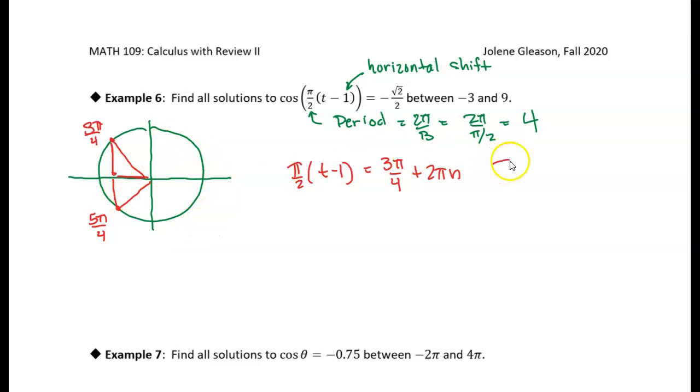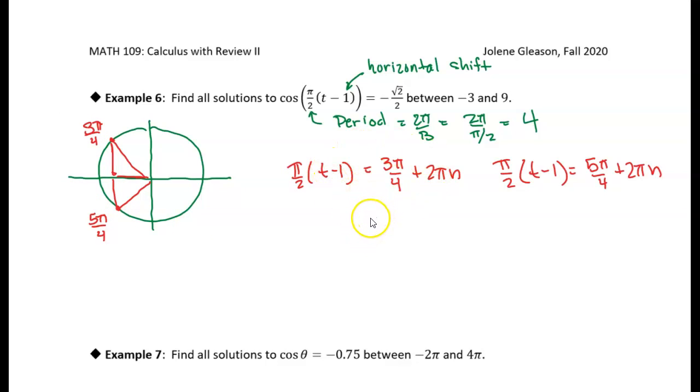Or we have the other case where pi over 2 times t minus 1 is equal to 5 pi over 4 plus 2 pi n. That essentially gives us all of the solutions, but we have to do a little bit of algebra to actually figure out what t is. The values we get from the unit circle are the values for the input to cosine, and now we have to do a little algebra.